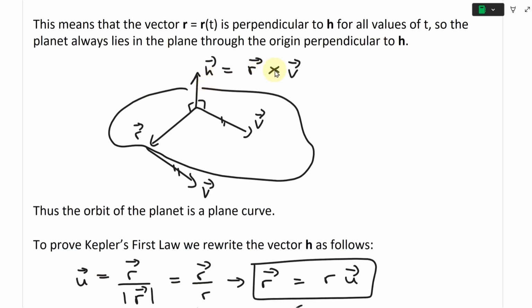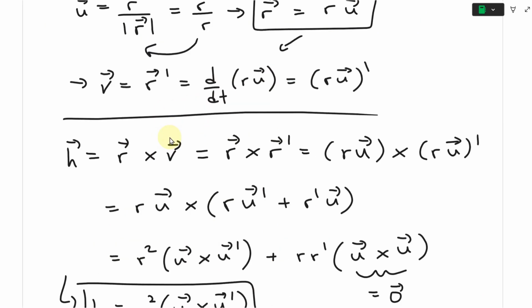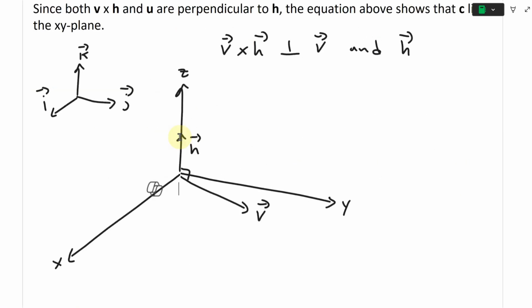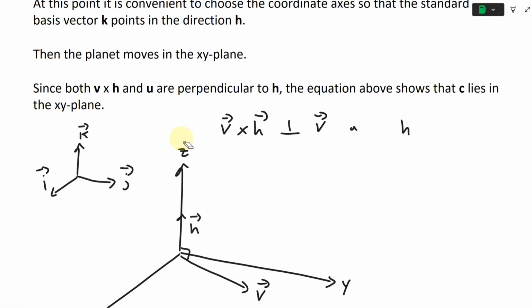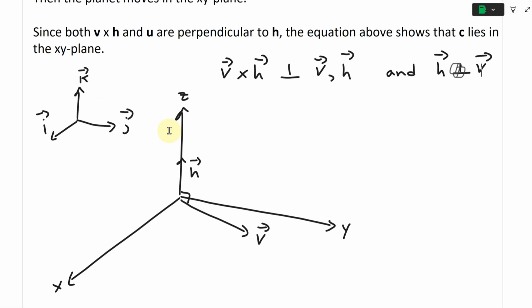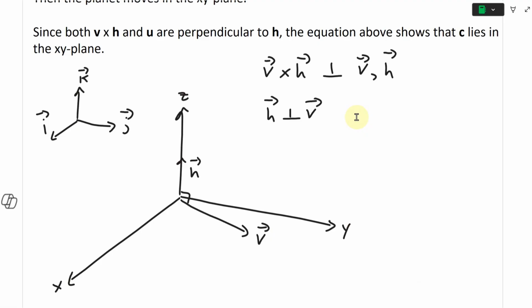So h equals r cross v, in other words, it's perpendicular to both the velocity vector and the position vector, so everything is on that plane. For completeness, h is perpendicular to the v vector and r, like that.